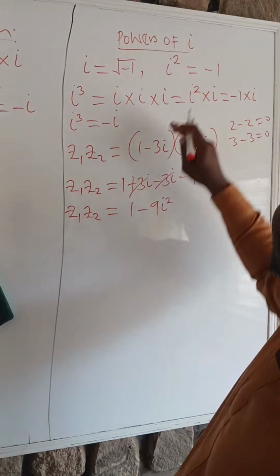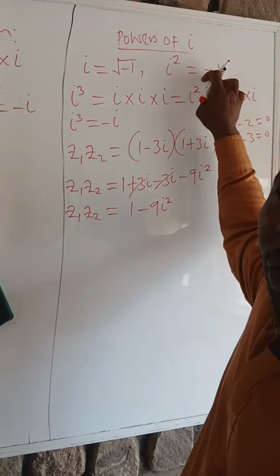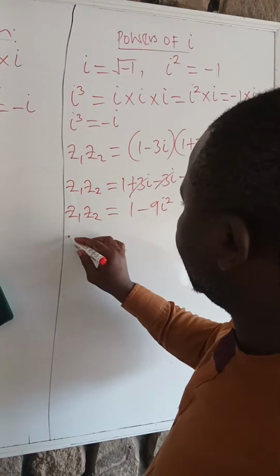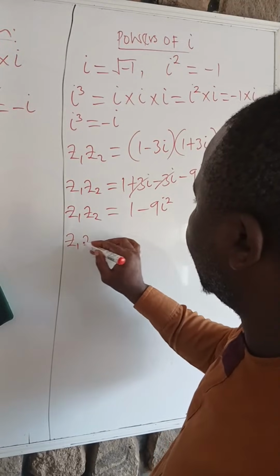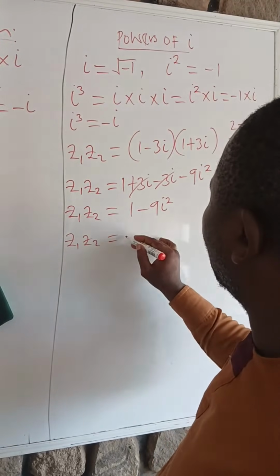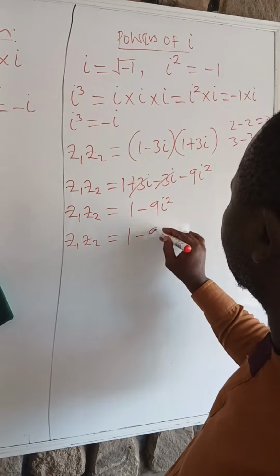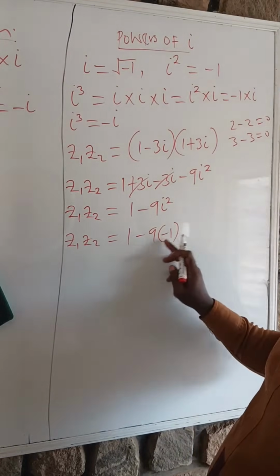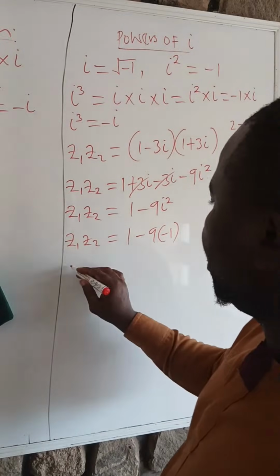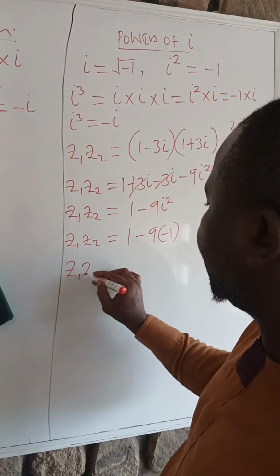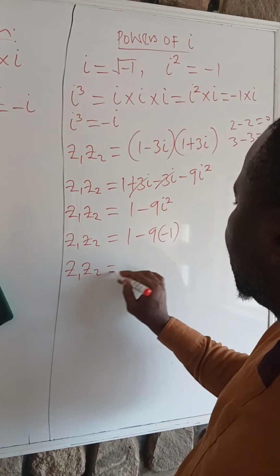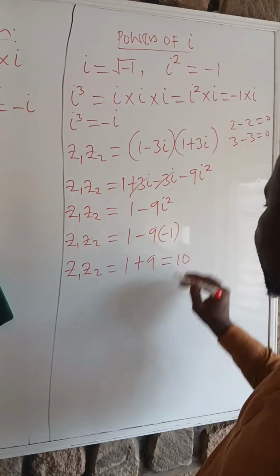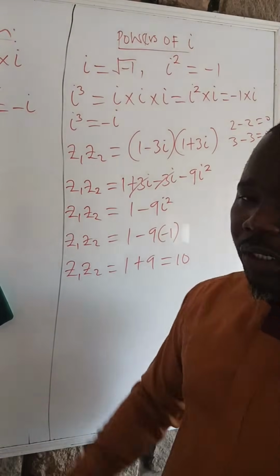But let's come back here. i squared is what? Minus 1. True or false? So this implies that our z1 times z2 is equal to 1 minus 9 times i squared, and i squared is minus 1. So minus 9 times minus 1, we are going to have plus. This is equal to 1 plus 9, which is equal to 10. This is how we got 10.